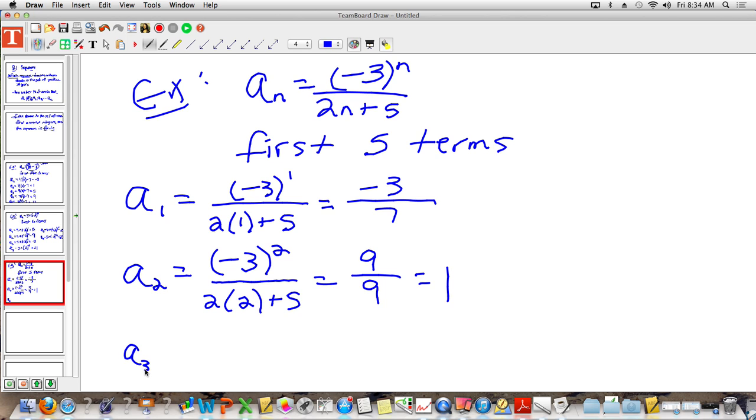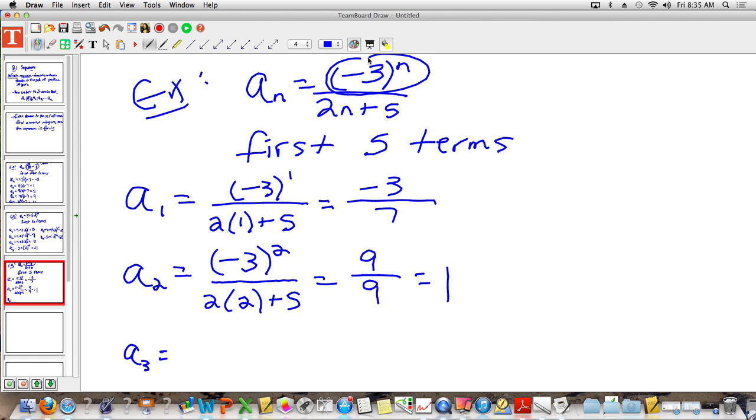Third term. The numerator is pretty easy to figure out. You don't have to keep plugging in negative 3 and putting it to a different power. The powers are going from negative 3 to 9. What's going to happen after 9? We're constantly multiplying by negative 3. It's the negative 3 in the numerator that keeps getting a different power. So we're putting it to the power of 1, then the power of 2, and then the power of 3.